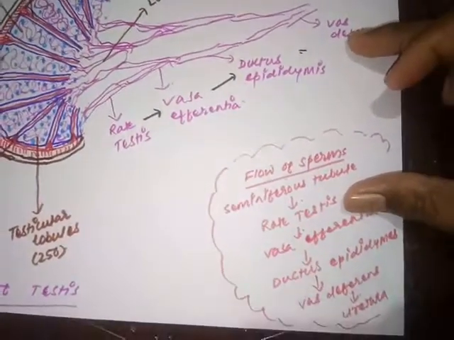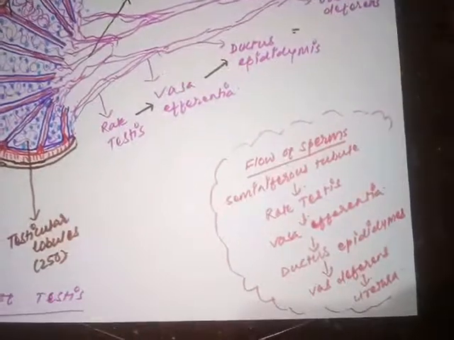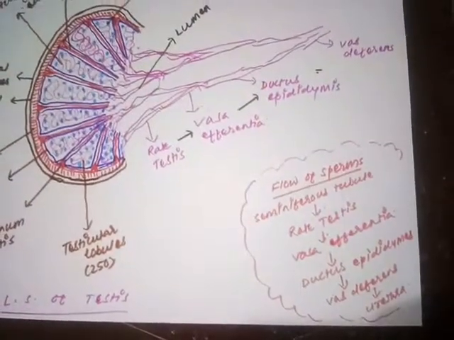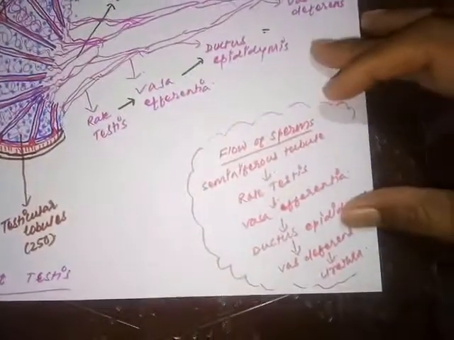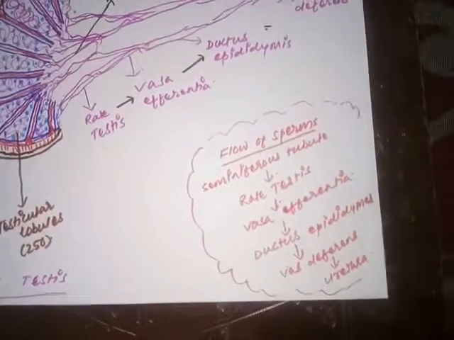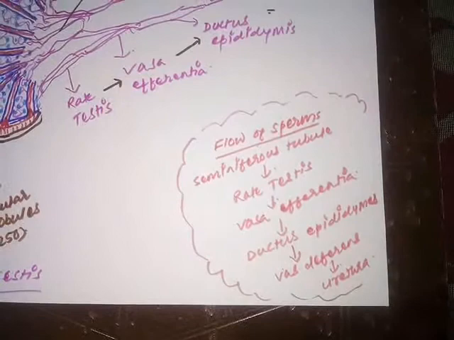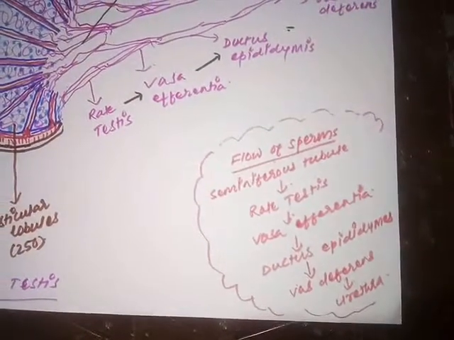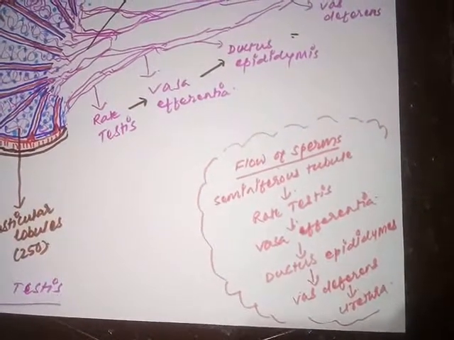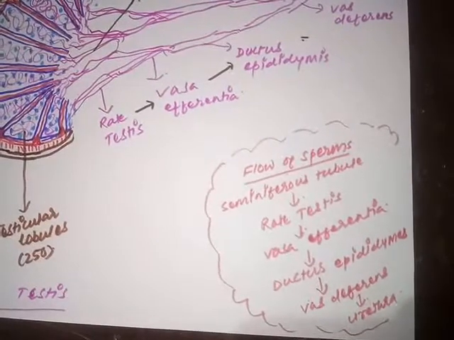Now the vas deferens will move out from the testis and carry the sperm away from the testis. In the NEET examination, questions are there that trace the flow of the sperm passage, how the sperm flows inside the testis and out, how it moves out of the body.